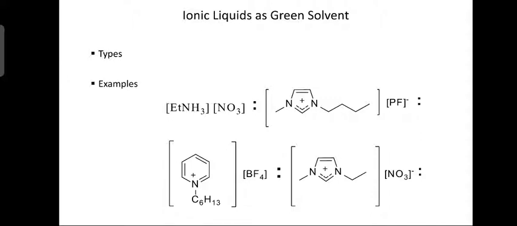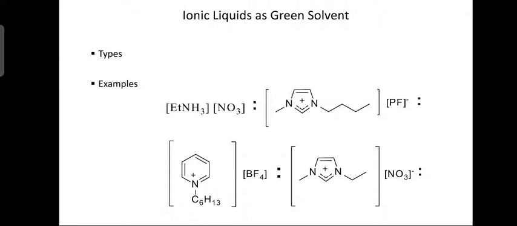Some examples for simple salts are given here. So these are all examples for simple salts. A mixture of aluminum chloride and 1,3-dialkyl imidazolium chloride is an example for a binary ionic liquid system.